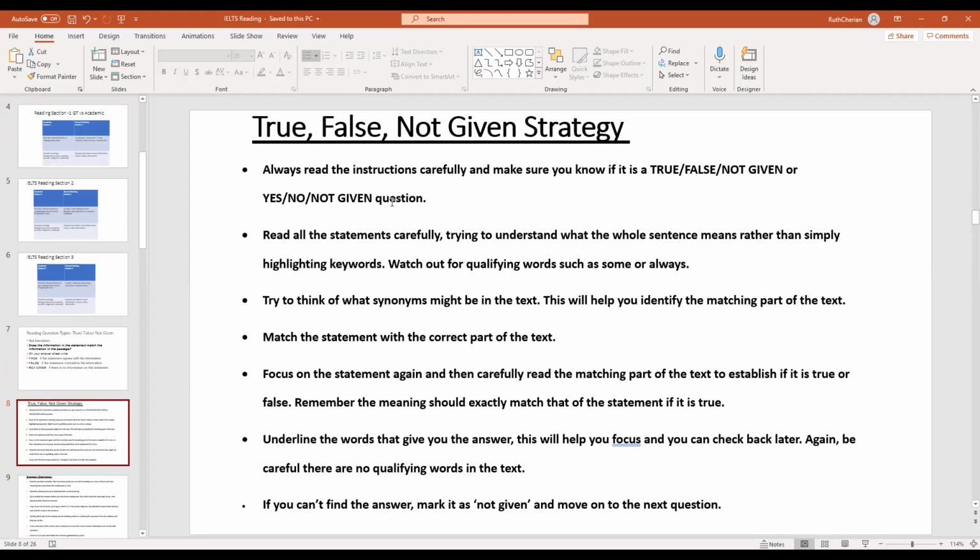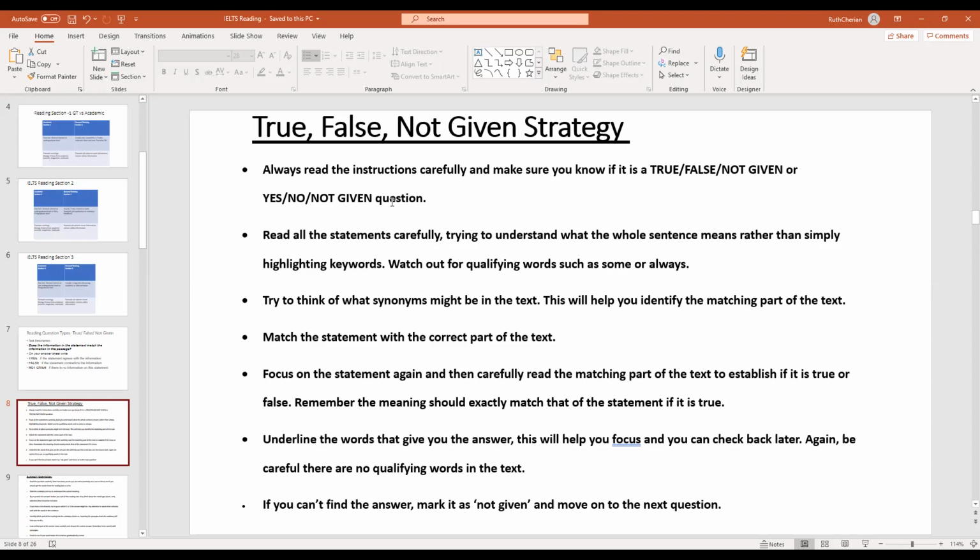So first thing, you try to read your question statement. You read the question statement first and underline your keywords. Your keywords could be nouns, it could be dates. Underline the keywords and try to find out synonyms, please. So you know what are synonyms? Synonyms are words. So the question might say, dog is man's best friend, and the passage might say four-legged pets, or the canine pet is man's most loyal companion.